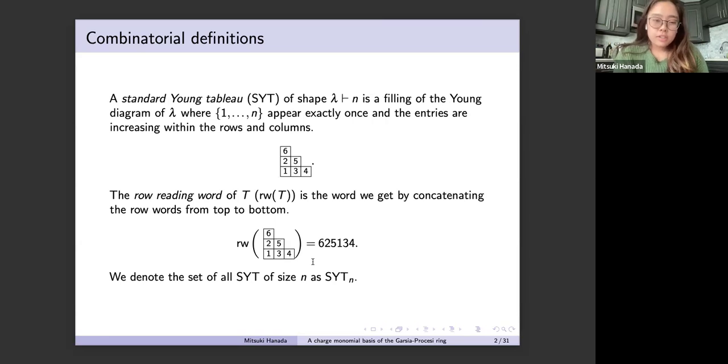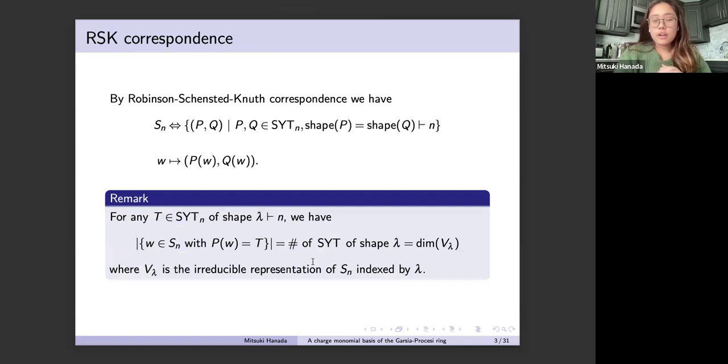And then we denote the set of all standard Young tableaux of size n, meaning there are n boxes, as SYT subscript n. By the RSK correspondence, which we heard about last week, we have a nice bijection between permutations and pairs of standard Young tableaux of the same shape.